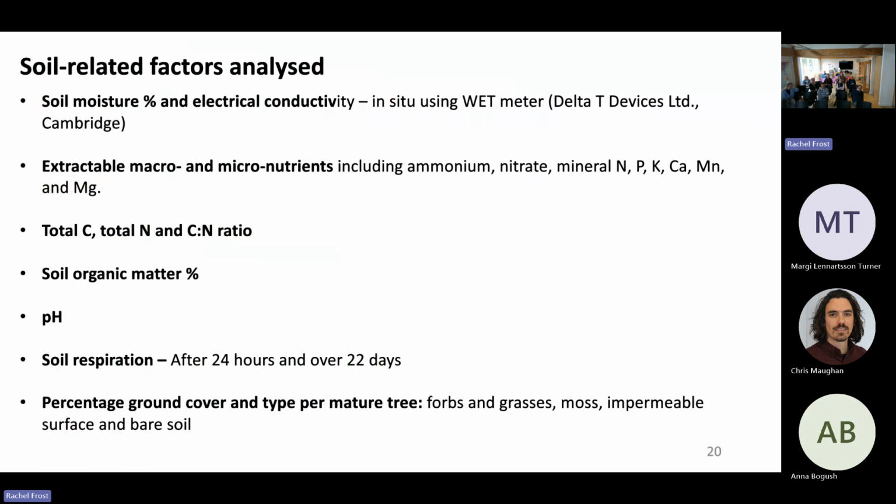So I looked at respiration that burst after 24 hours, and also the amount of carbon dioxide that accumulated from those microbes breathing over 22 days. And that's a proxy for microbial activity, so the amount of CO2 that those microbes are releasing. And as I said, I looked at the percentage of ground cover, whether there were forbs and grasses, moss, whether there was impermeable ground cover or bare soil.